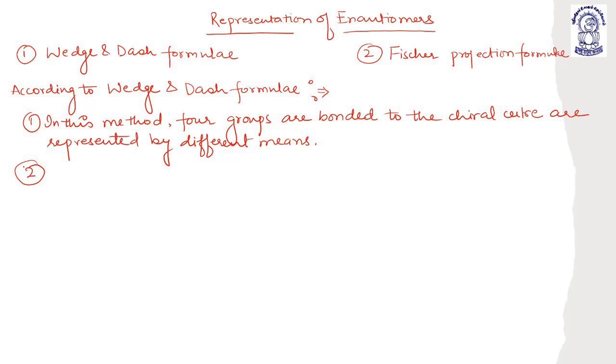Secondly, a normal line represents the bond lying in the plane of the paper.